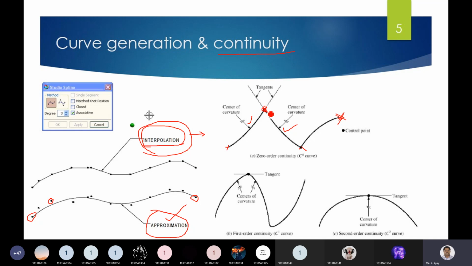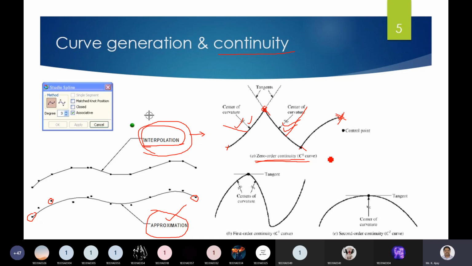In order to get this, you call it zero continuity. Zero order continuity means this segment may have its own equation, and that segment may have its own equation, depending upon the type of synthetic curve. So in order to first of all have continuity between this curve and this curve, you must maintain zero order continuity. What zero order continuity means, you will understand in the subsequent slides.